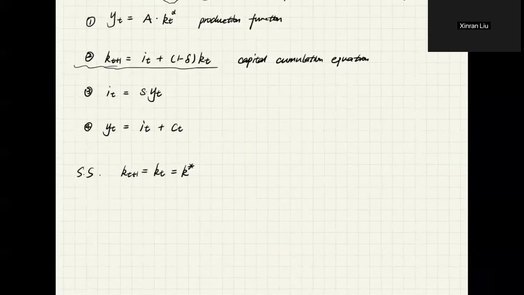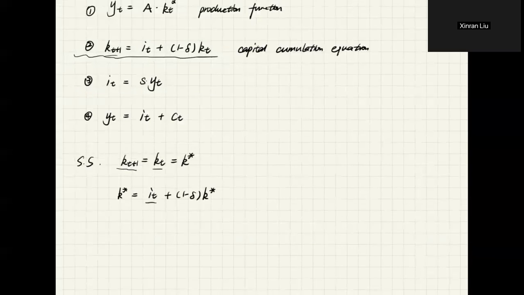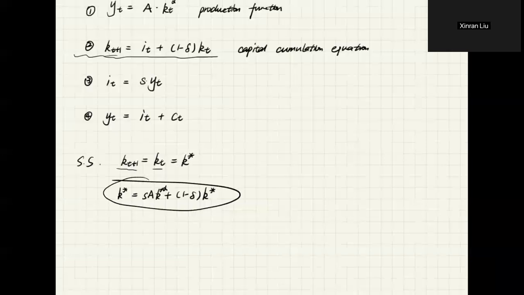In equation 2, we replace k_t plus 1 and k_t with k star, and use equation 3 to represent s times y_t, where y_t is A times k star to the alpha. From this equation you get the steady state of k, because k is the only unknown value.